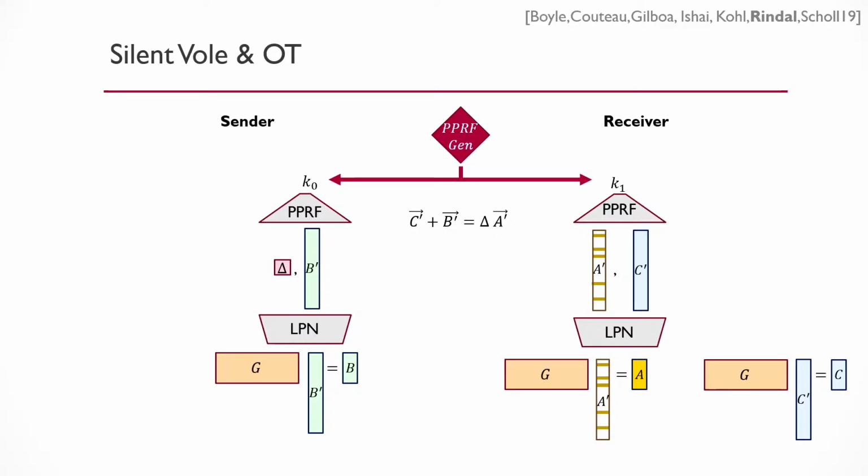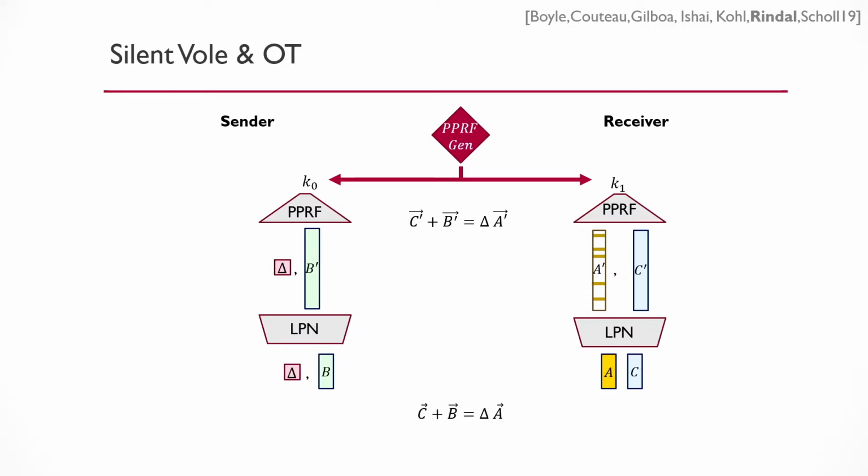The basic idea is that the parties will agree on a random-looking matrix G and do a matrix-vector multiply. The magic of LPN is that this sparse vector will now look uniformly random, but shorter, maybe half the size. And that's how we generate VOLE.